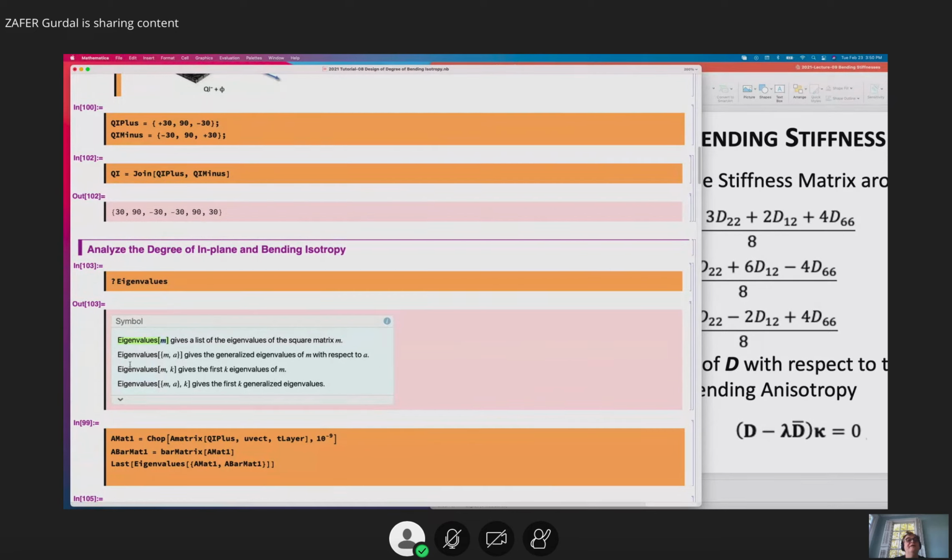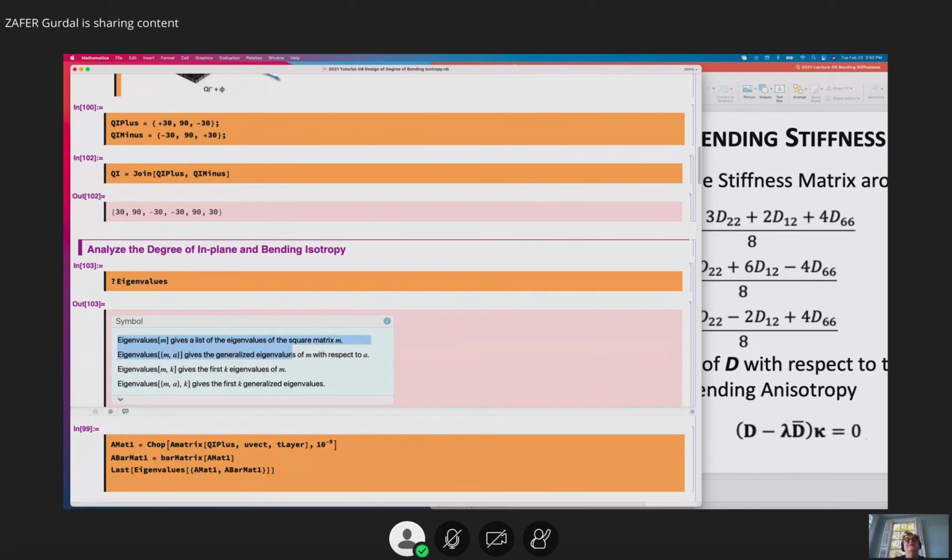Both A and M are matrices, so this gives the generalized eigenvalues of the matrix M with respect to A. This gives the first k eigenvalues of M. That's a scalar value, that it's 1, 2, or 5.